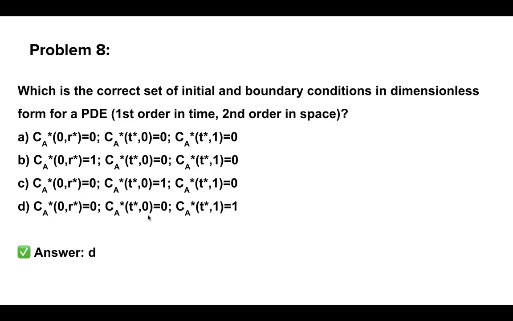And at any time t, at the center of the pellet, we had concentration to be 0. At the surface, the concentration was 1. That is CA by CAS, you get it to be equal to 1. Is that clear?